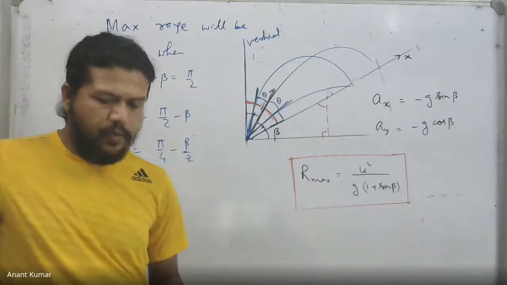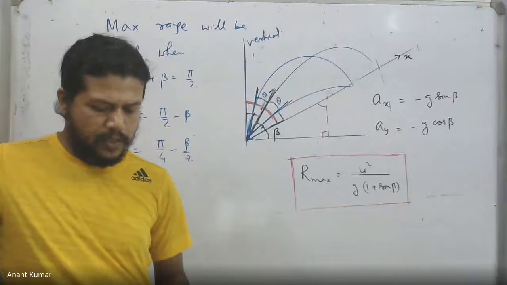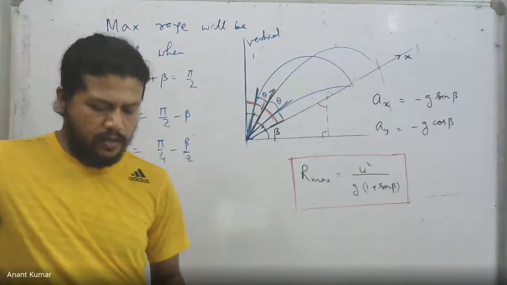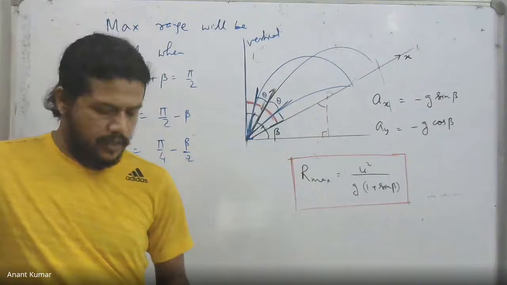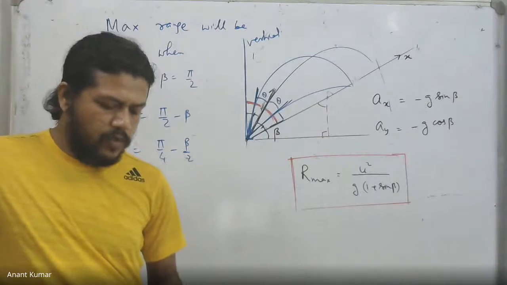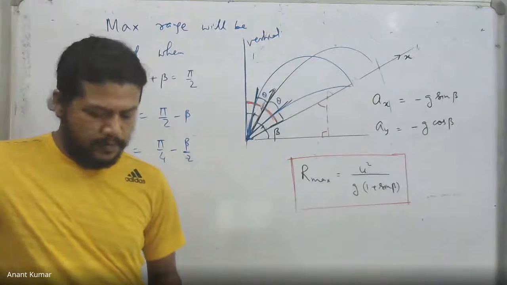A particle is projected at an angle alpha with respect to the horizontal from the foot of a plane which is inclined to the horizontal at an angle beta.